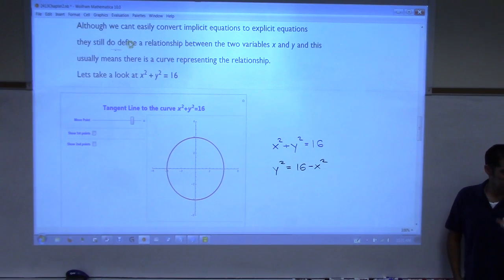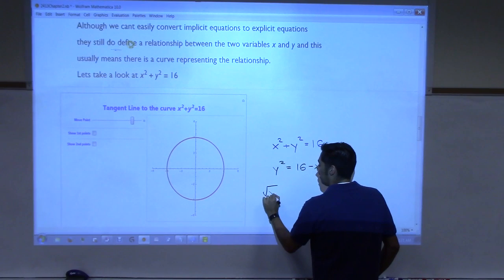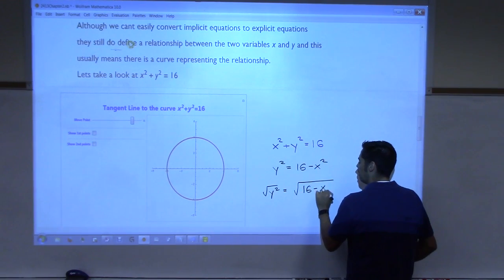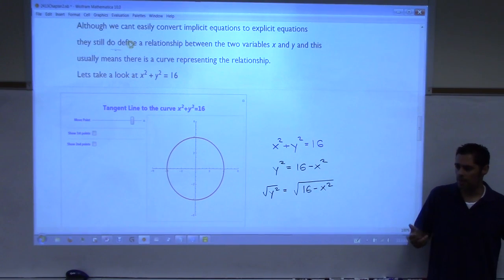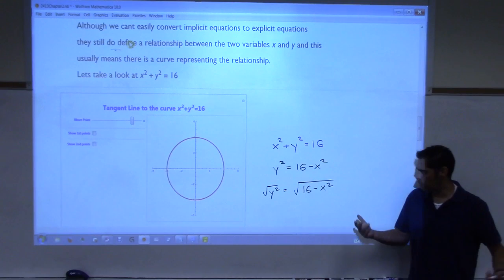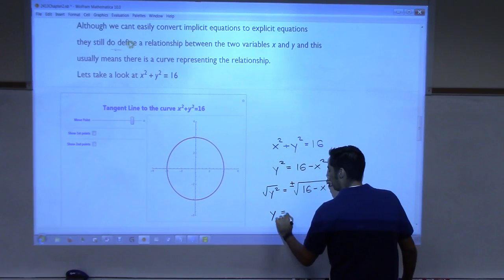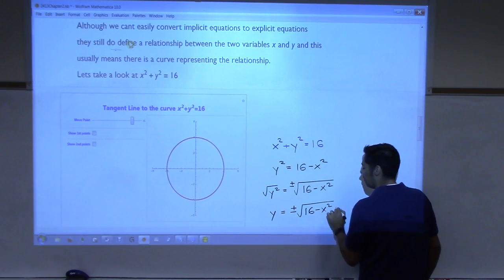Then I would come in and take the square root on both sides, right? And anytime you initiate the square root yourself, you have to do plus or minus. Okay? That's the rule. So I have to put plus or minus here. The left side will be y, the right side is plus or minus root 16 minus x squared.